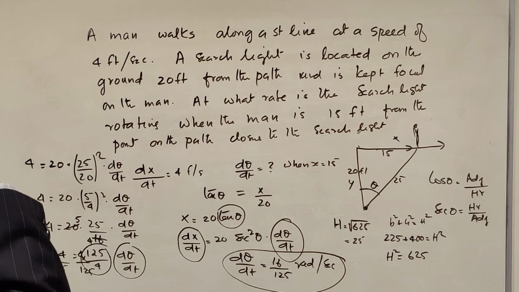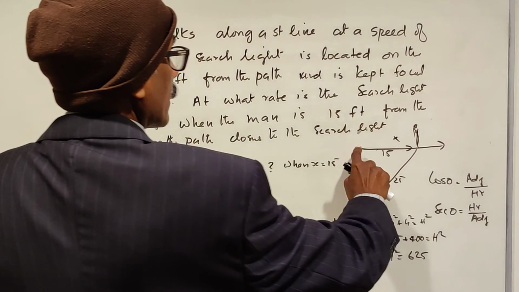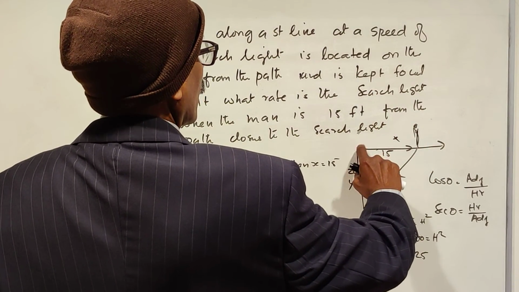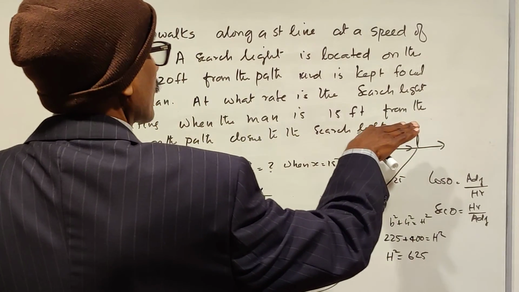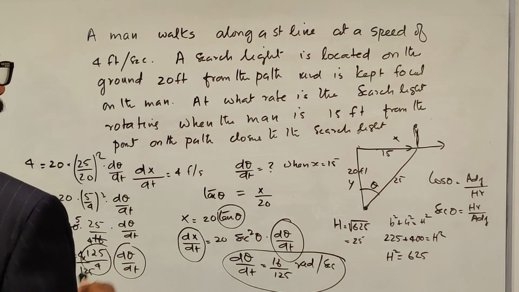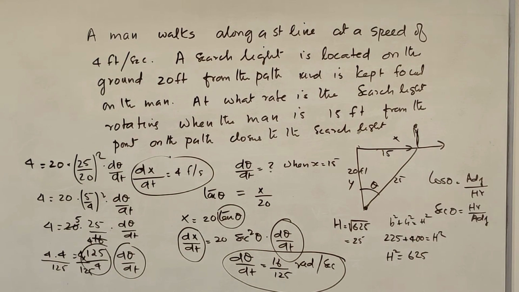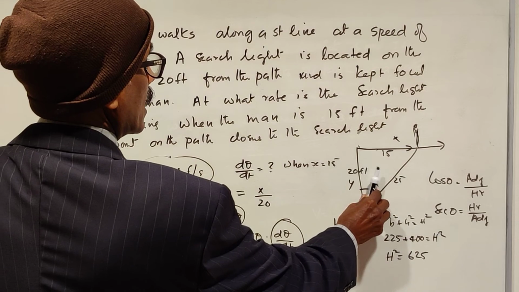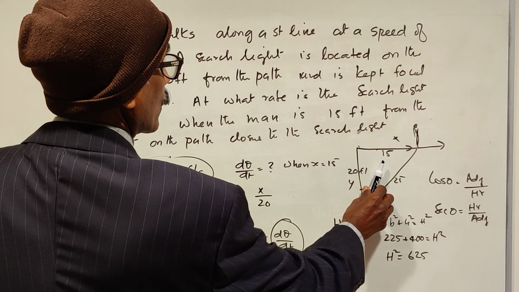So one more time. A man walks along a straight line in the positive direction of the x-axis at a rate of 4 feet per second, that is dx by dt.